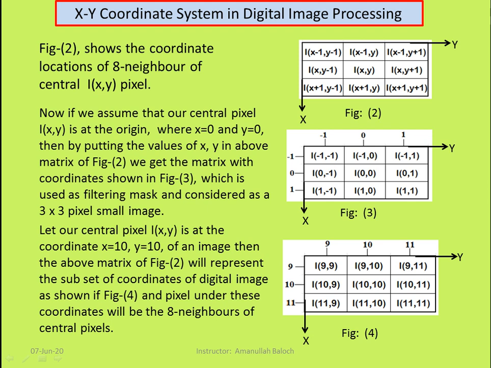Therefore, if it is I of 10, 10, then the neighbors become I of 9, 9, I of 9, 10, I of 9, 11, and similarly I of 10, 9, I of 10, 10, I of 10, 11, and in this row I of 11, 9, I of 11, 10, and I of 11, 11.